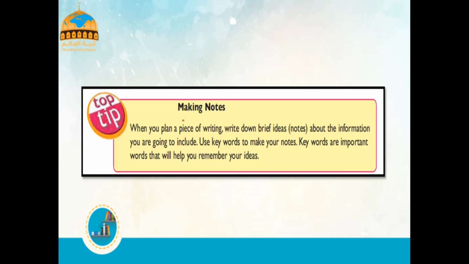And note, like a tip, when you plan a piece of writing, write down brief ideas, notes about the information you are going to include. Use keywords to make your notes. Keywords are important words that will help you remember your ideas. It's like brainstorming.